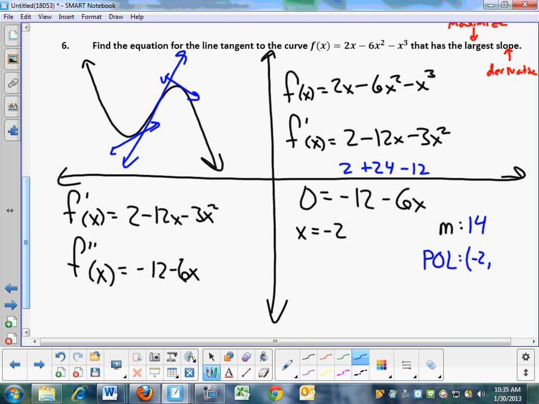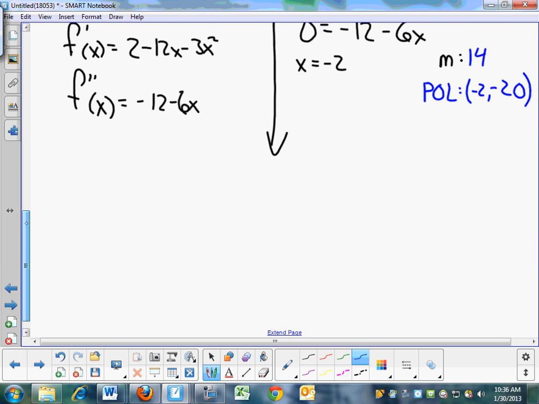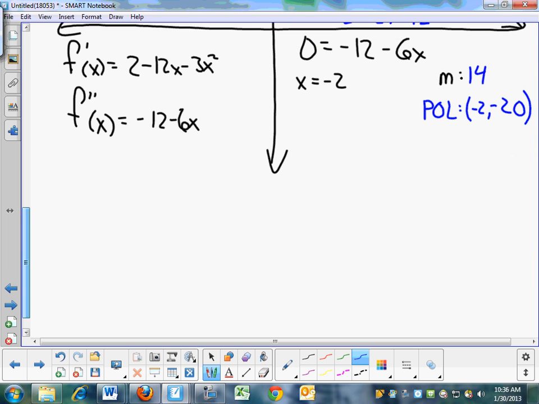The original. If I plug in negative 2, I get negative 4 minus 24 minus negative 8. Negative 20. Can you now write the equation for the line?